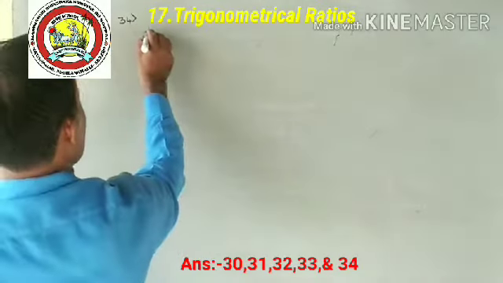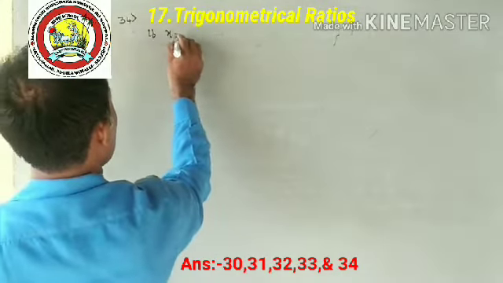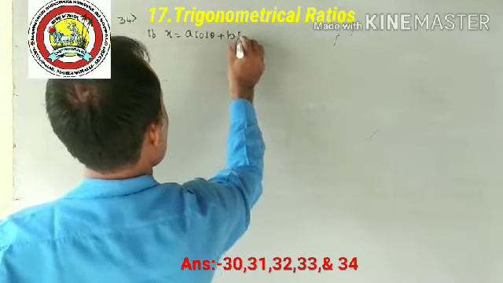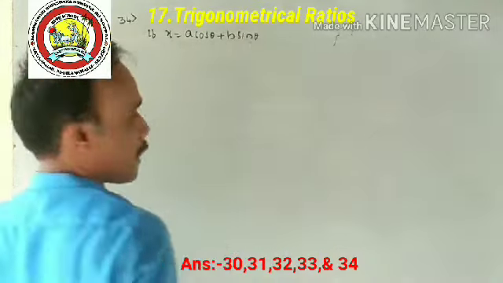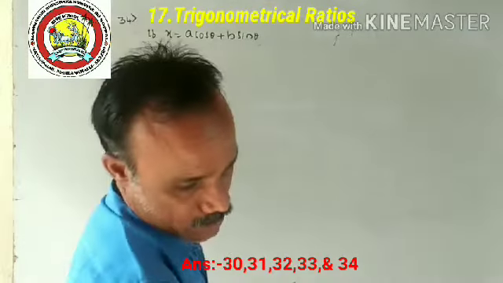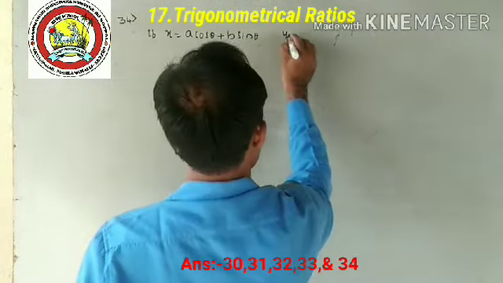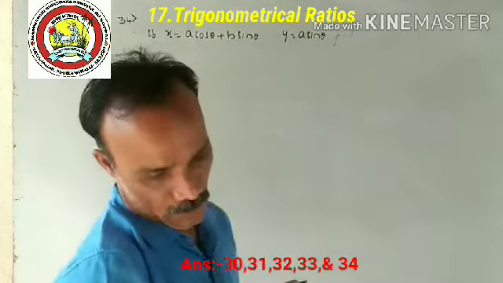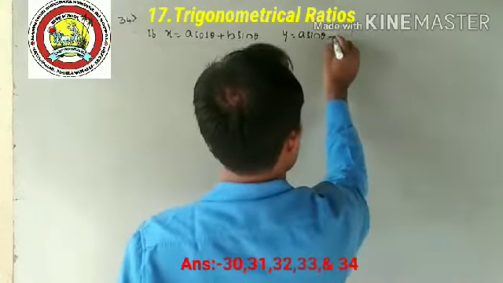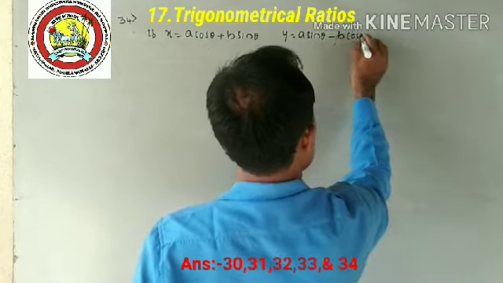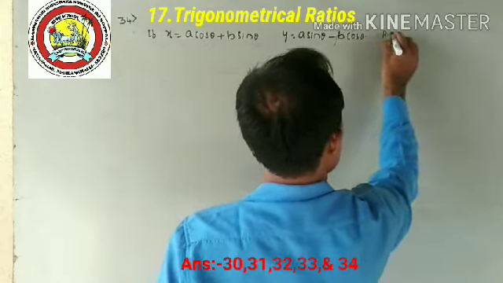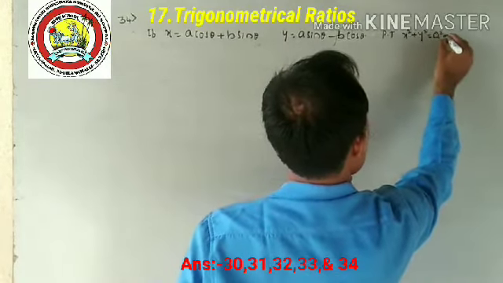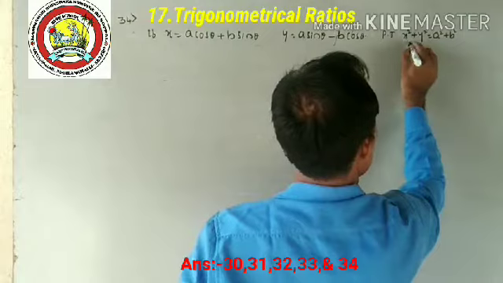If x is equal to a cos theta plus b sin theta, y is equal to a sin theta minus b cos theta, let's prove that x square plus y square is equal to a square plus b square.